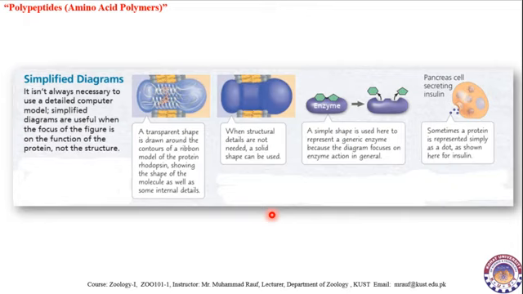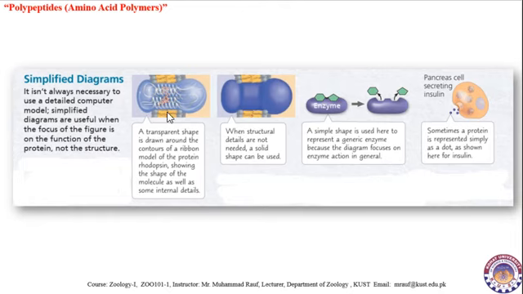Now here are the simplified diagrams which you quite often see in your biology books. These are also examples of the structural diversity the proteins exhibit, and in order to make things simple and understandable, these structures are given in various books.